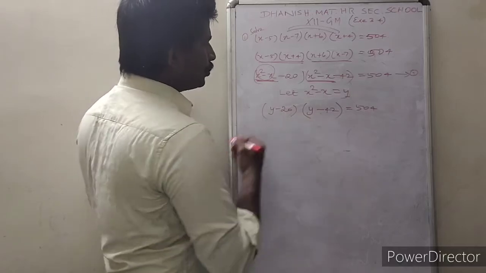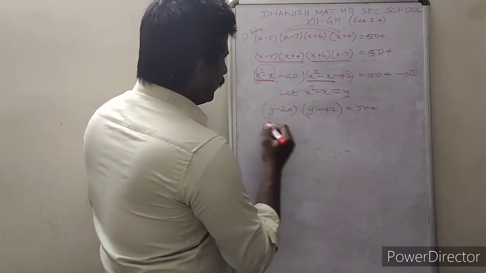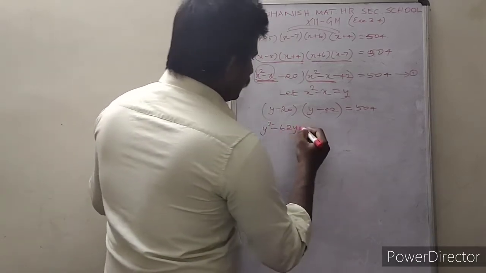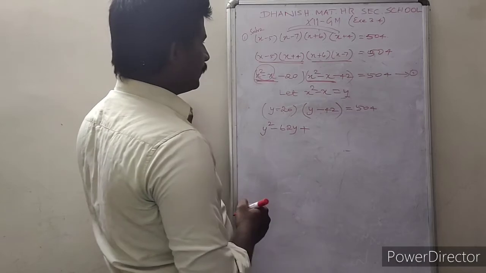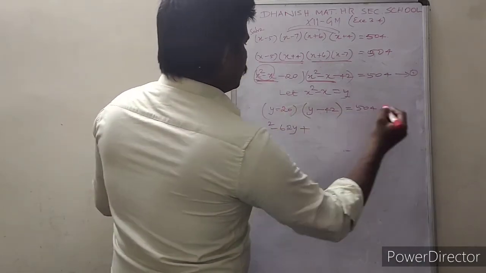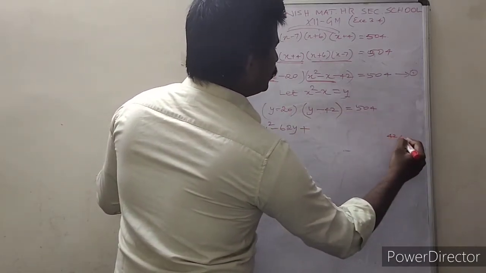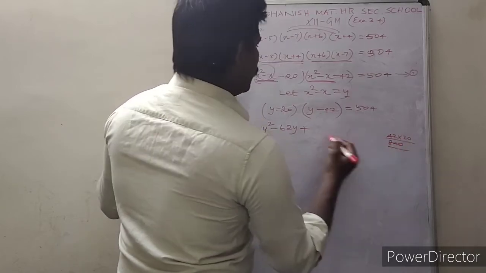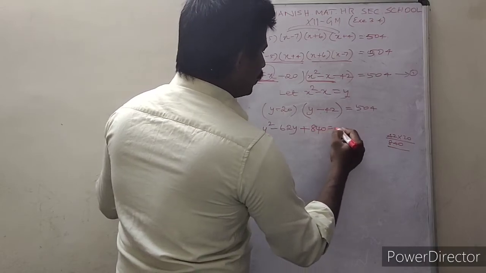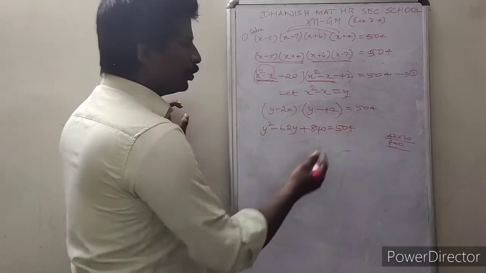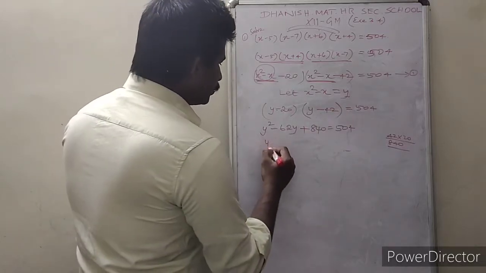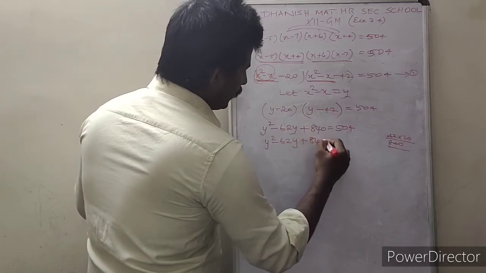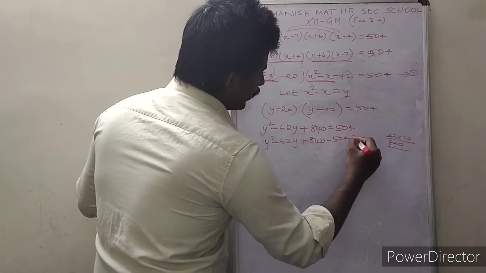Now I am going to multiply these two: y square minus 62y plus 42 into 20, which is 840, equal to 504. Now I bring 504 to the left side, so y square minus 62y plus 840 minus 504 equal to 0.